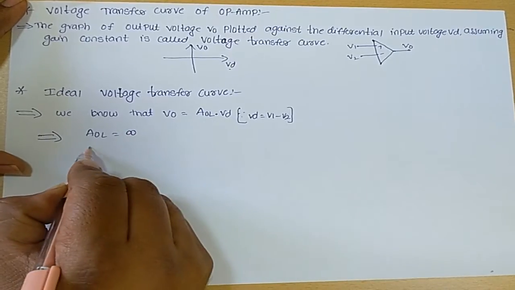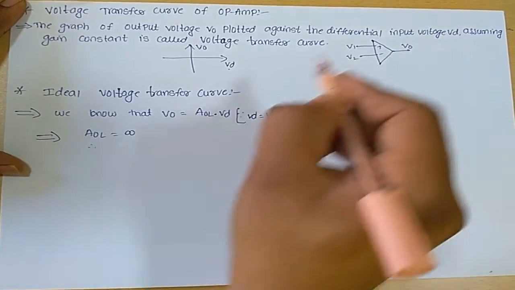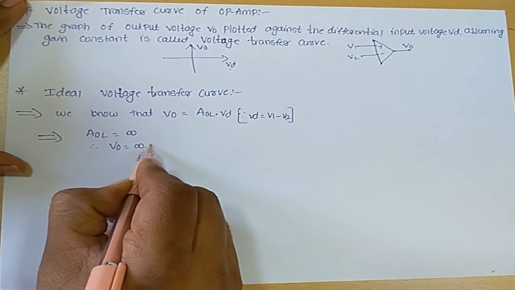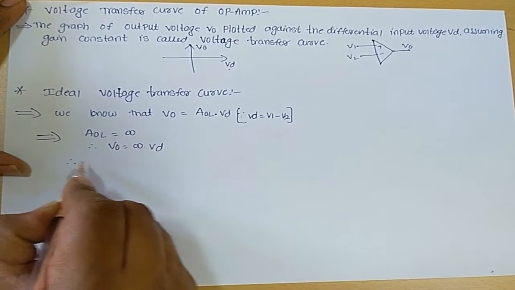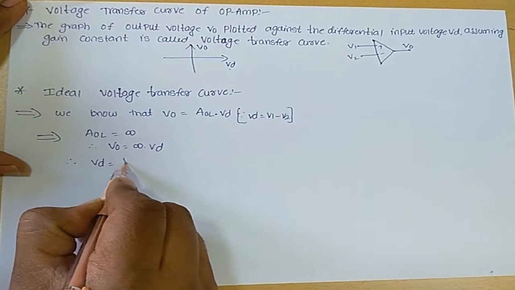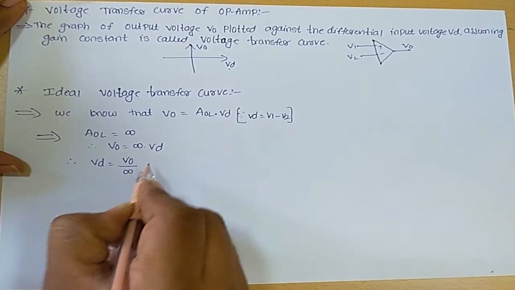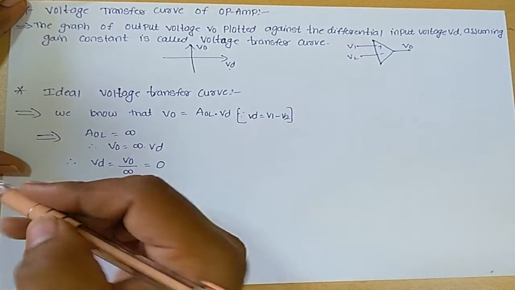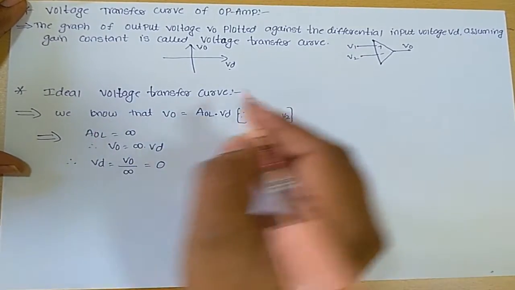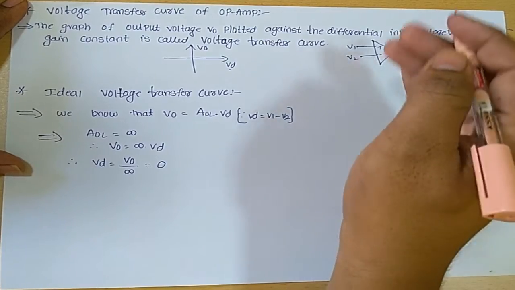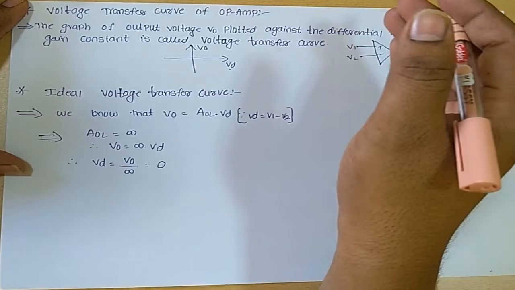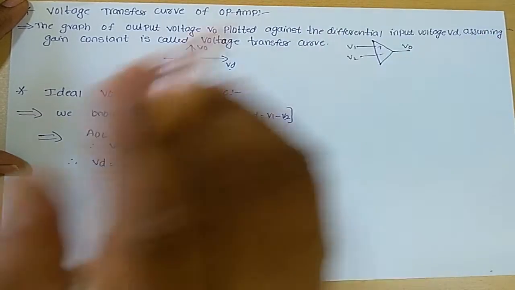Infinity. Clear? Therefore, the output voltage of this ideal operational amplifier V0 equals infinity into Vd. Therefore, the differential input voltage Vd equals V0 by infinity, which is equal to 0. It means that whatever input voltage we give to this ideal operational amplifier, it provides a constant output due to the infinite gain.